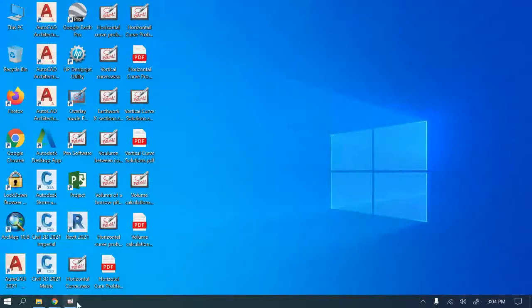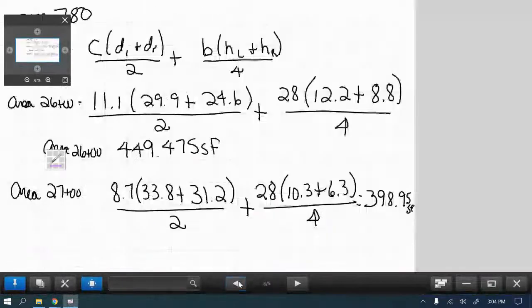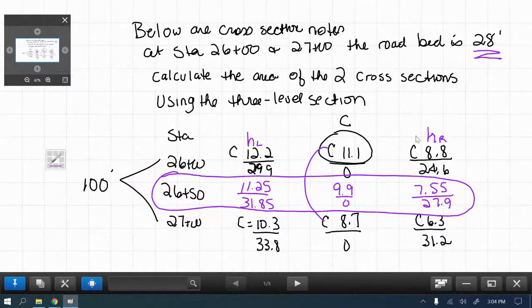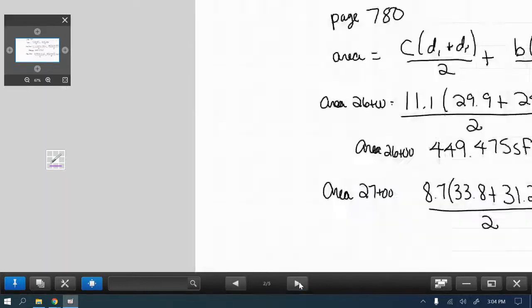So let me go back. I wanted the answer, actually V sub E and V sub P, that would be the second part of it.